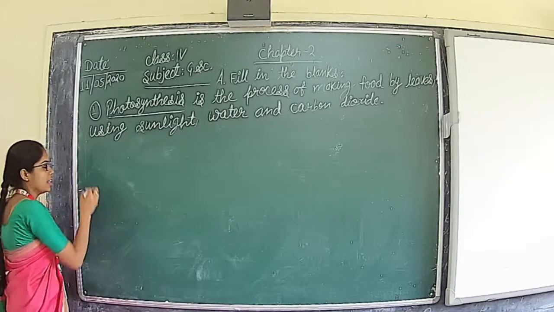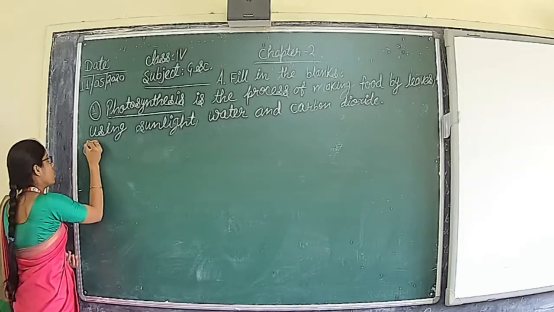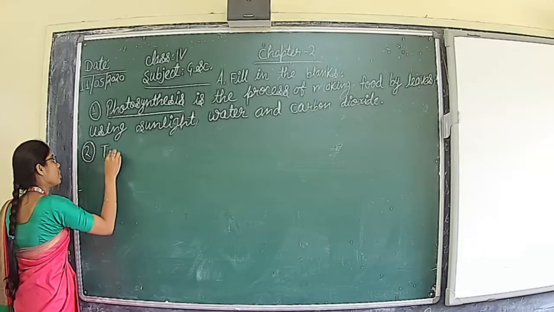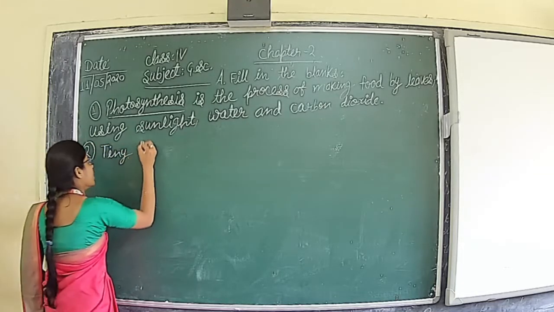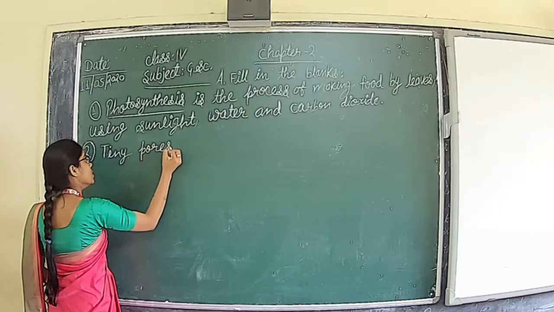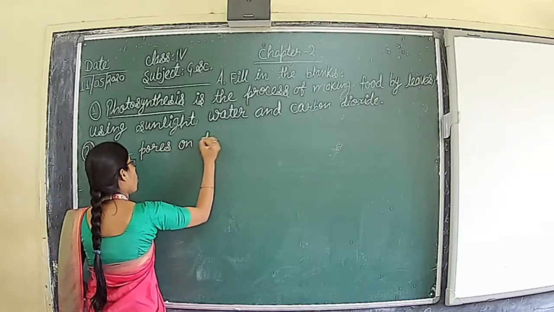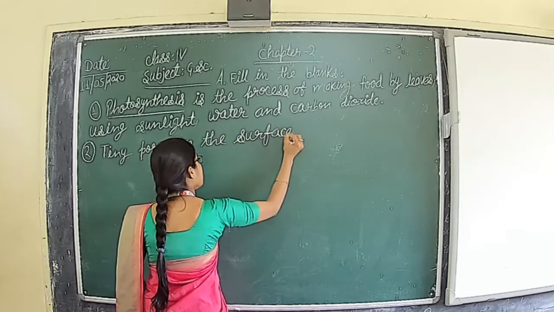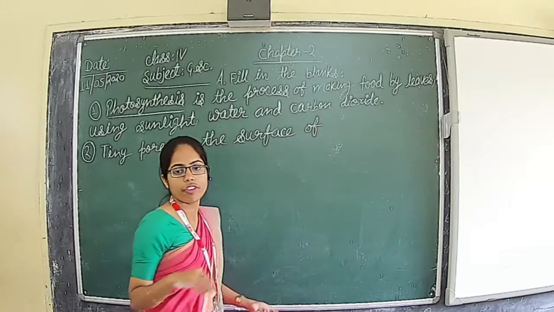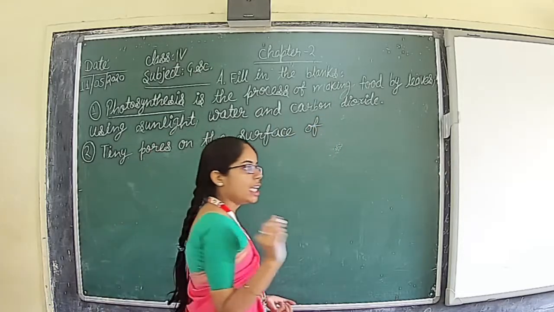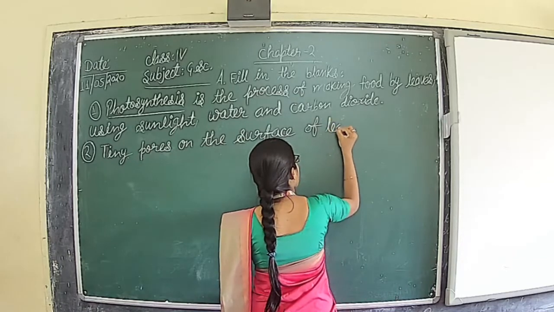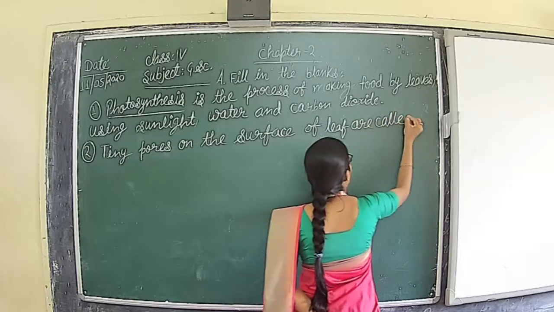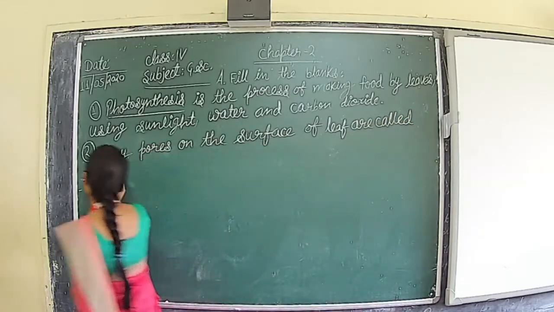Second question: tiny pores on the surface of leaf are called dash.